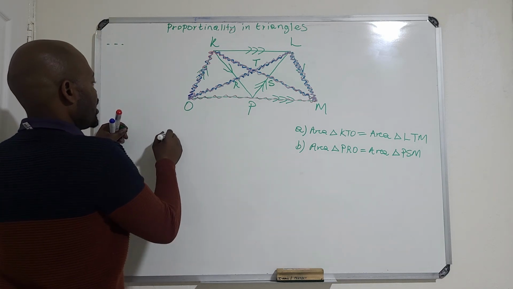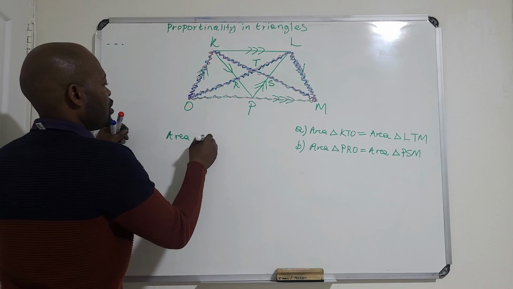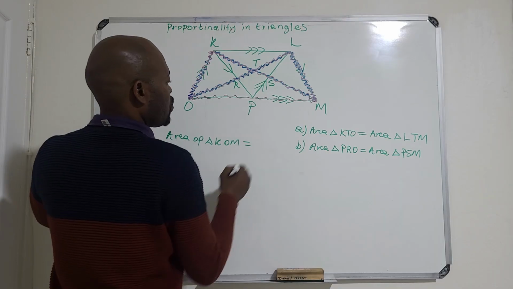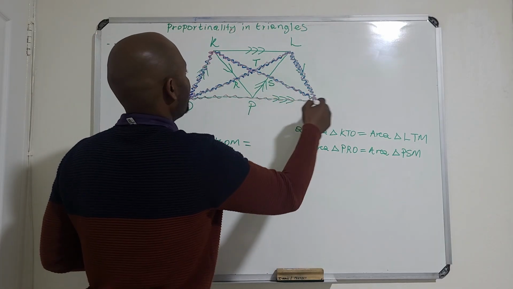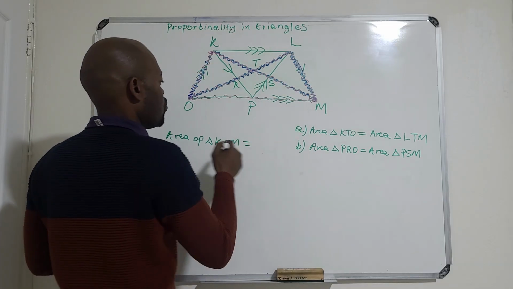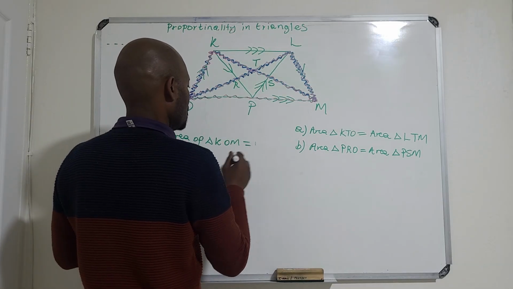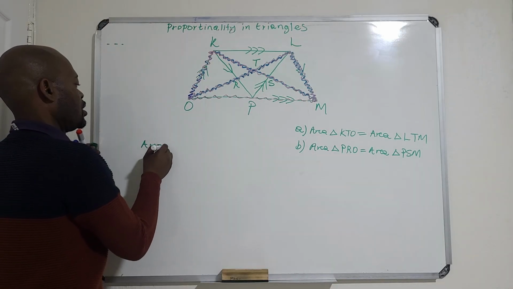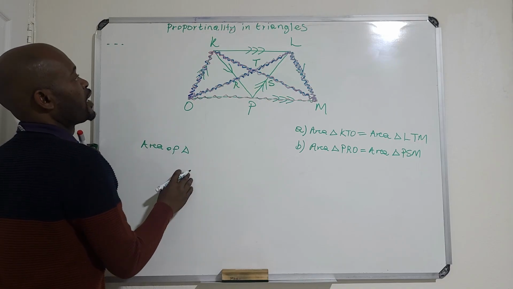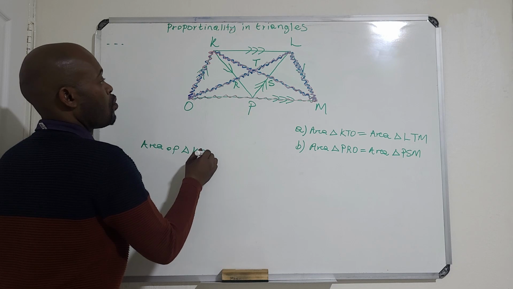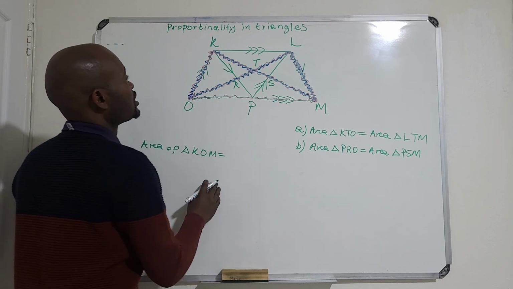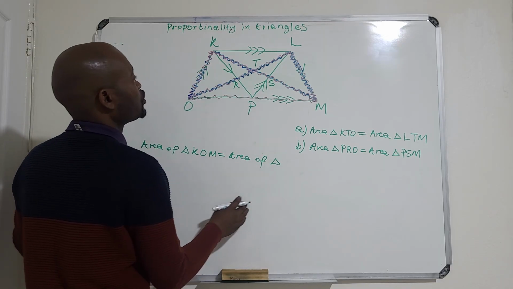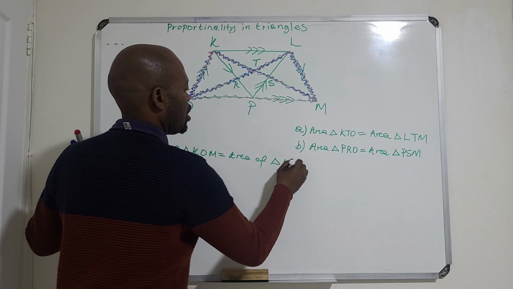We're going to say area of triangle KOM is equal to the area of triangle LOM.